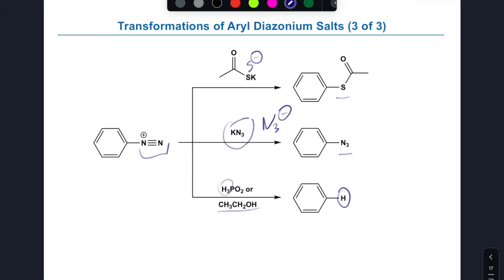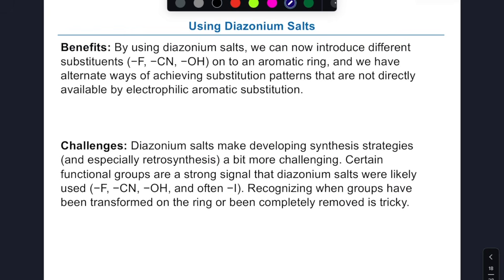So the good side is that this is a very universal way of installing a nucleophile into a system. We can take an aniline, reformat it, and add almost any nucleophile you want in a very predictable and very specific way. It's a very useful way to get very specific substitution patterns.